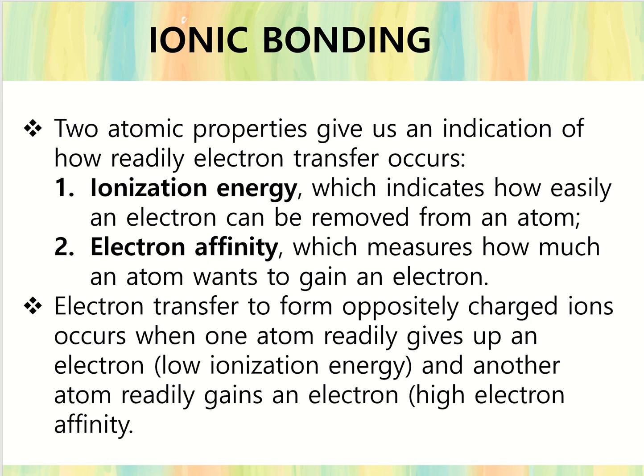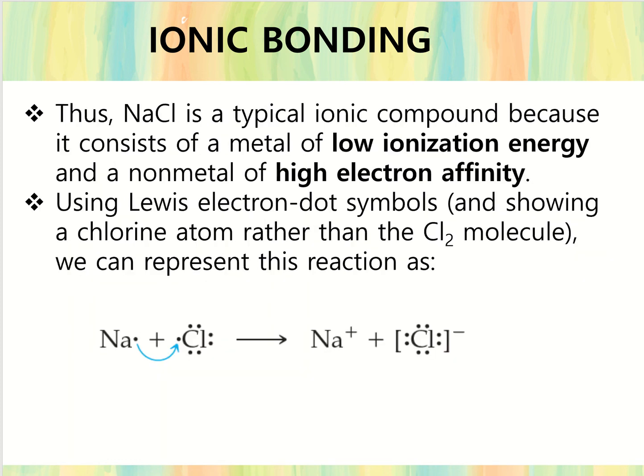So a typical ionic compound such as sodium chloride consists of a metal of low ionization energy, which is sodium, and a non-metal of high electron affinity, which is chlorine.